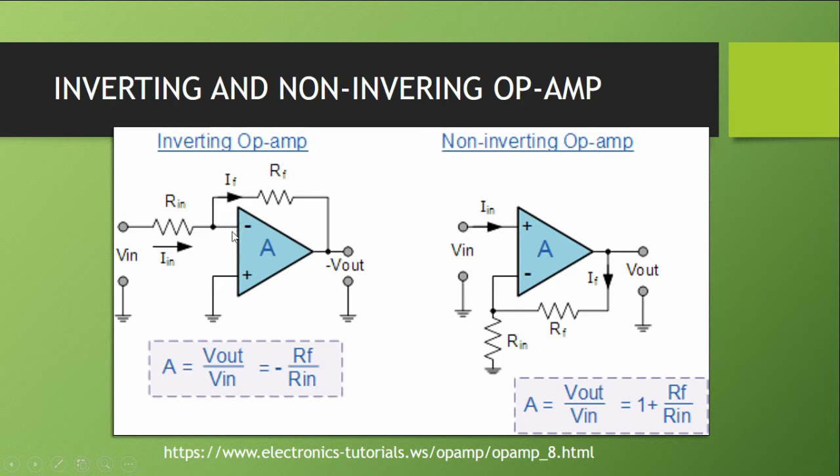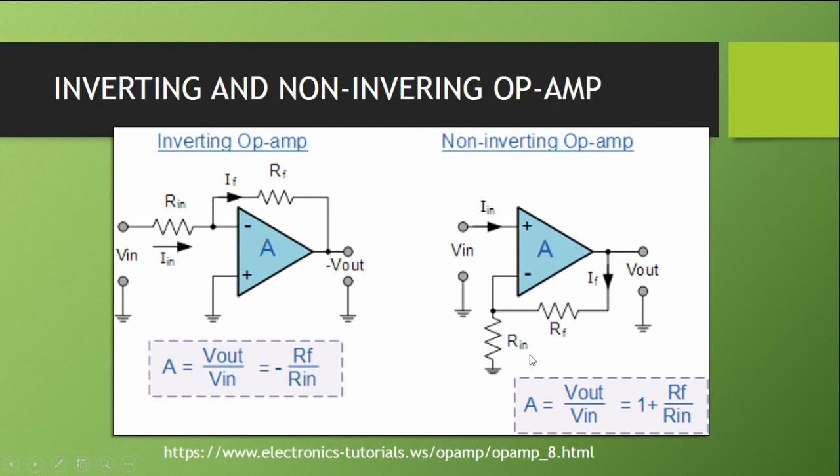Inverting op amp, because the gain is negative, or the output is the negative of the input times the gain, which is this feedback resistor RF over Rin. So our gain depends on the values of RF and Rin. For a non-inverting op amp, our input is coming from the positive terminal. So it's the same actually.